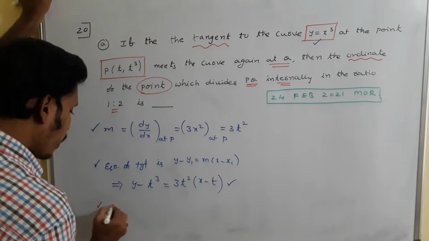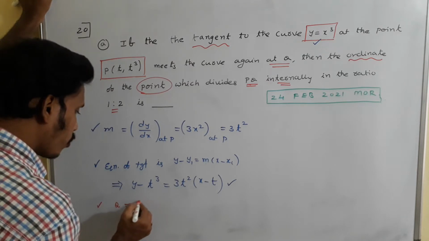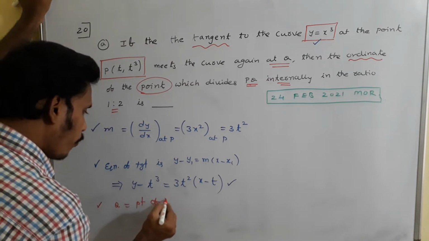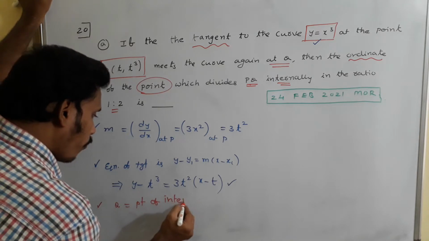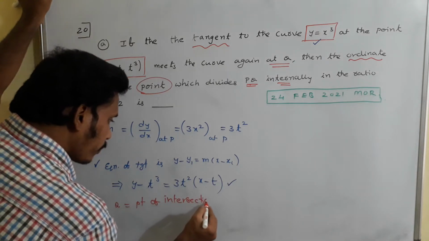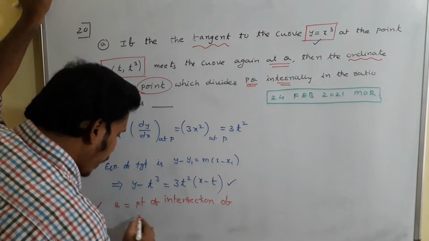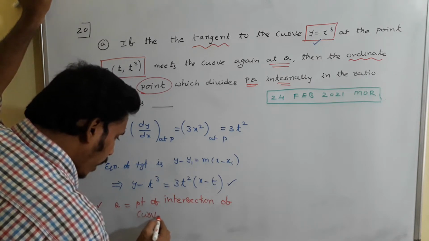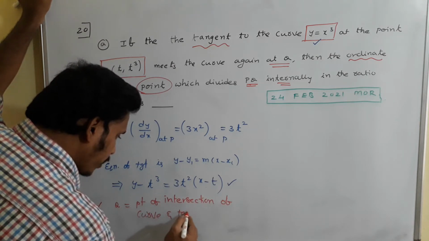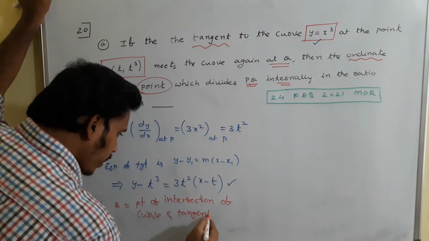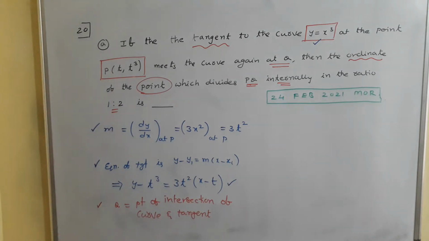As per the problem here, the question is saying that Q is the point of intersection of curve and tangent. So what is the tangent equation and what is the curve equation?